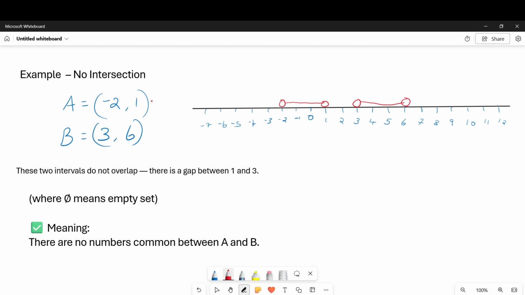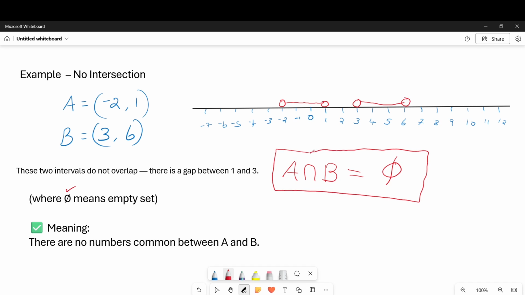We say A intersection B is phi. What is phi? Phi means the empty set. This is the symbol of phi. There are no common values or common elements in these two sets, so we can say there is nothing, zero, as the common set.